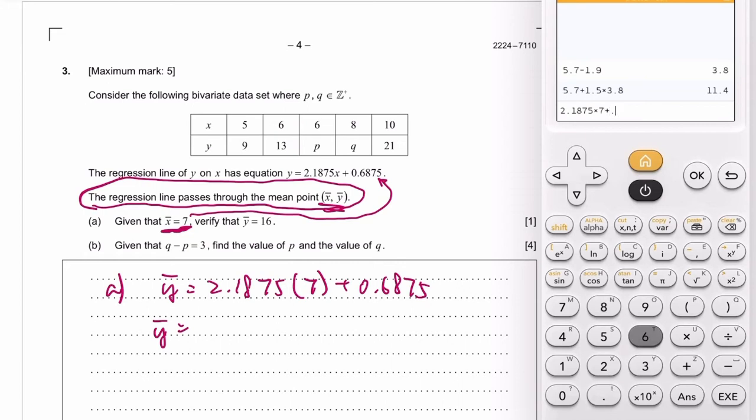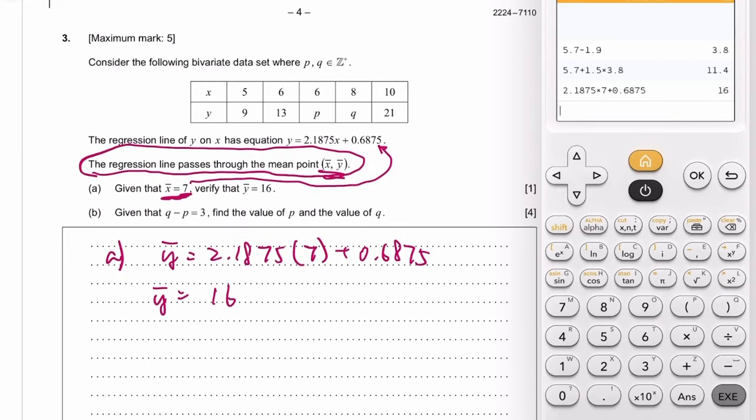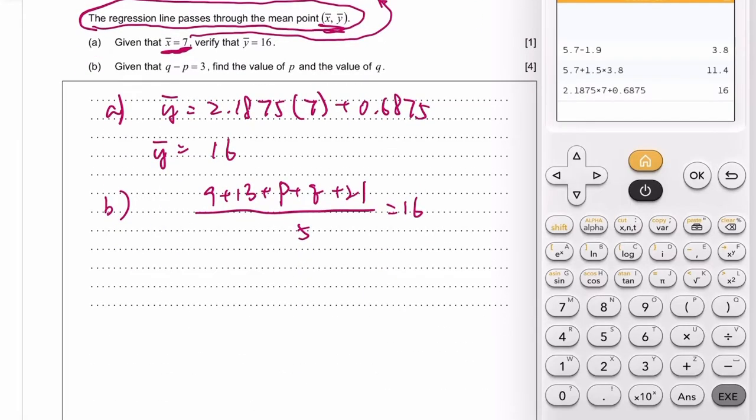So 16. Given that, find Q. Oh, it seems to be a simultaneous equation, because now we know the mean of y. But to find the mean of y, we could also just add them all up, divided by 5, and make it 16.